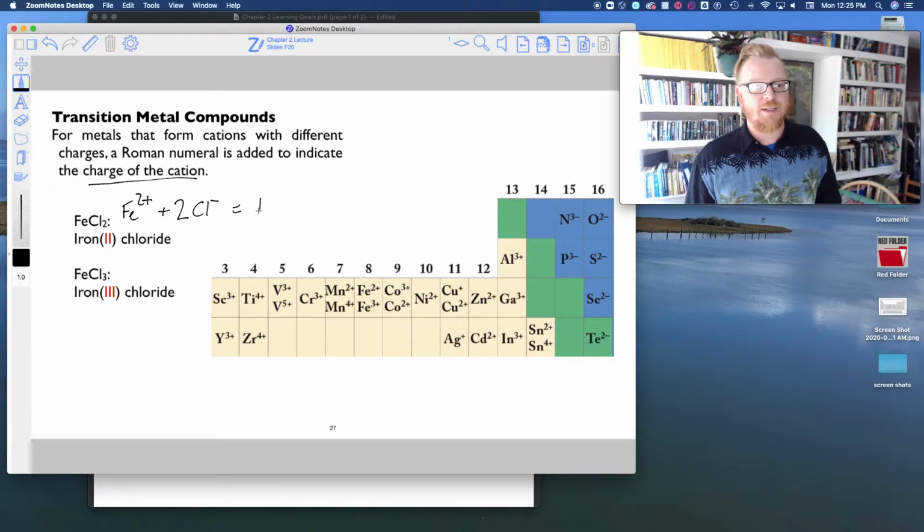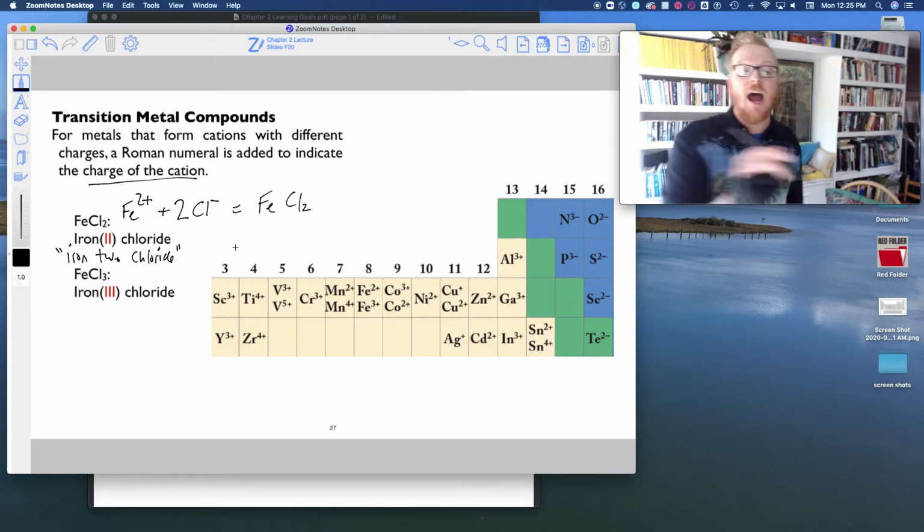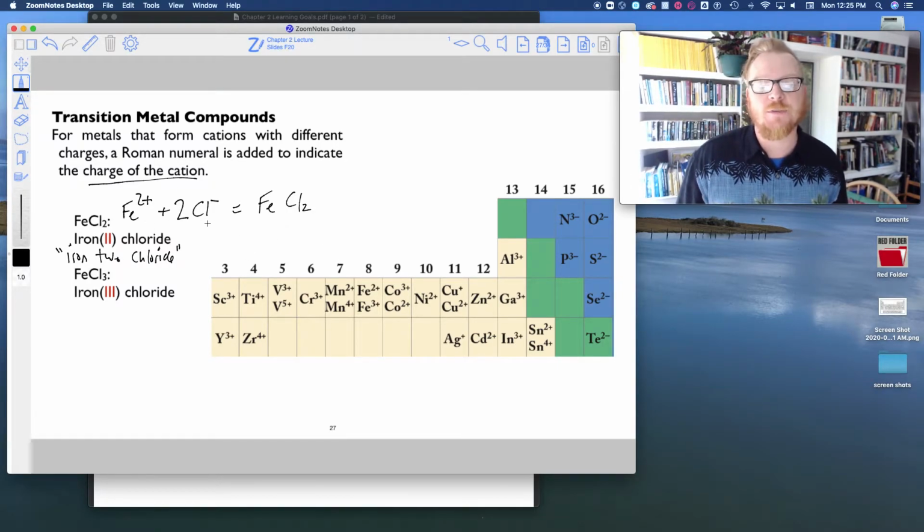And that's going to give me iron 2 chloride. So I would actually read this, phonetically, by saying iron 2 chloride. And that 2 tells me the charge on iron is 2 plus, which tells me I need 2 of these Cl minuses.